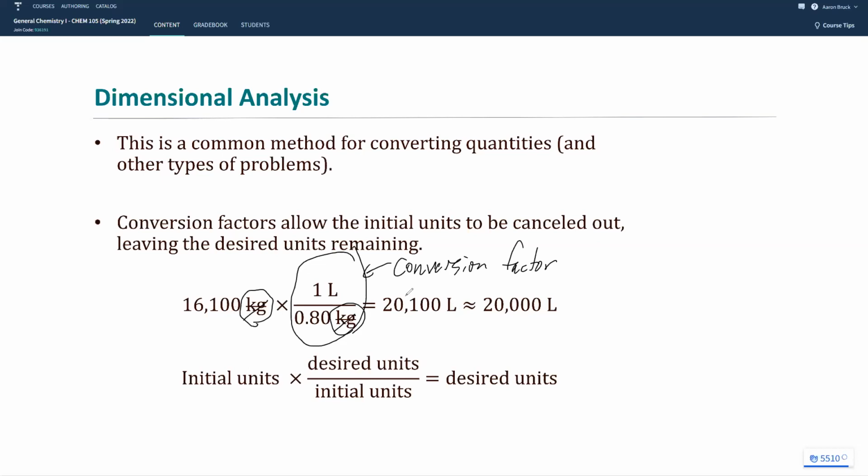And then with our application of significant figure rules, we can do our proper rounding to get the answer that we desire.